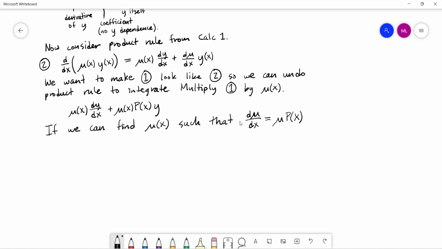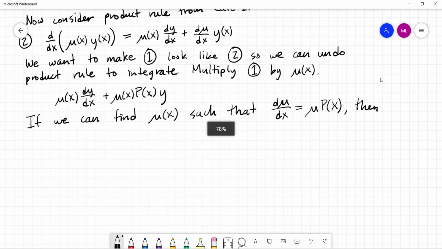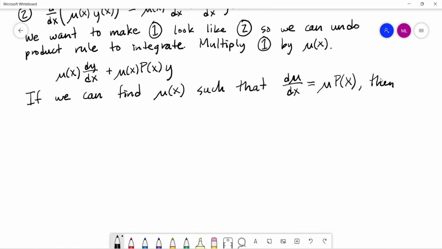If we can find a mu that satisfies this, so that this coefficient matches this coefficient, which is exactly what I'm stating right here, then we're set.